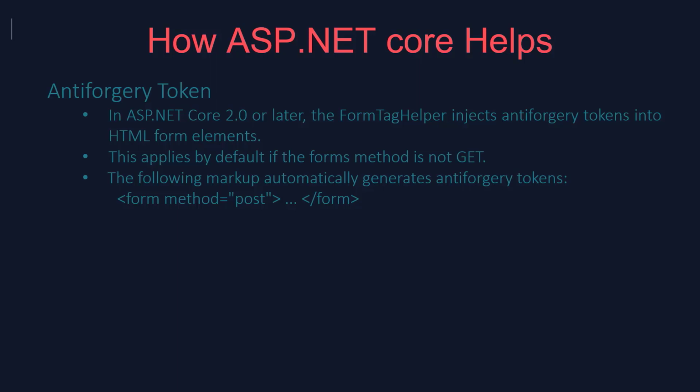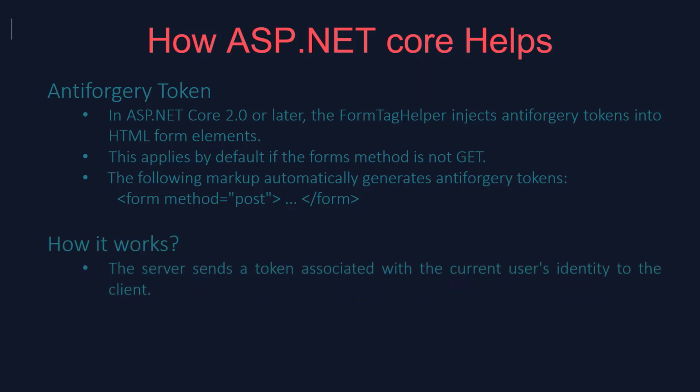That token is generated, but we need to make sure that inside the controller we have a check that a valid anti-forgery token is present, and only then proceed further. That being said, now that I have talked about the anti-forgery token, what exactly is it and how does it work? First, the server sends a token associated with the current user's identity to the client.